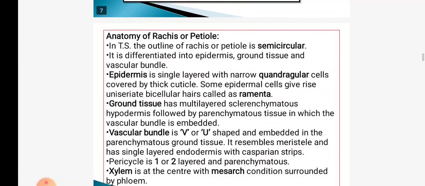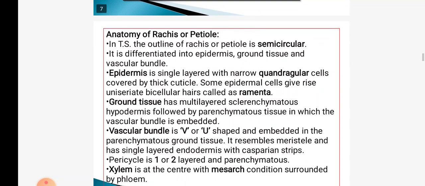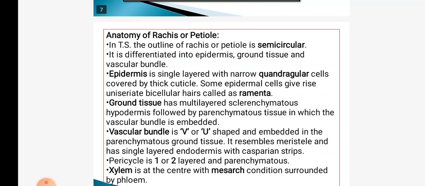Pericycle is 1 to 2 layered and parenchymatous. Xylem is present at the center surrounded by phloem. So a simple type of protostele is present in this rachis or petiole. Rachis is also called the petiole structure.